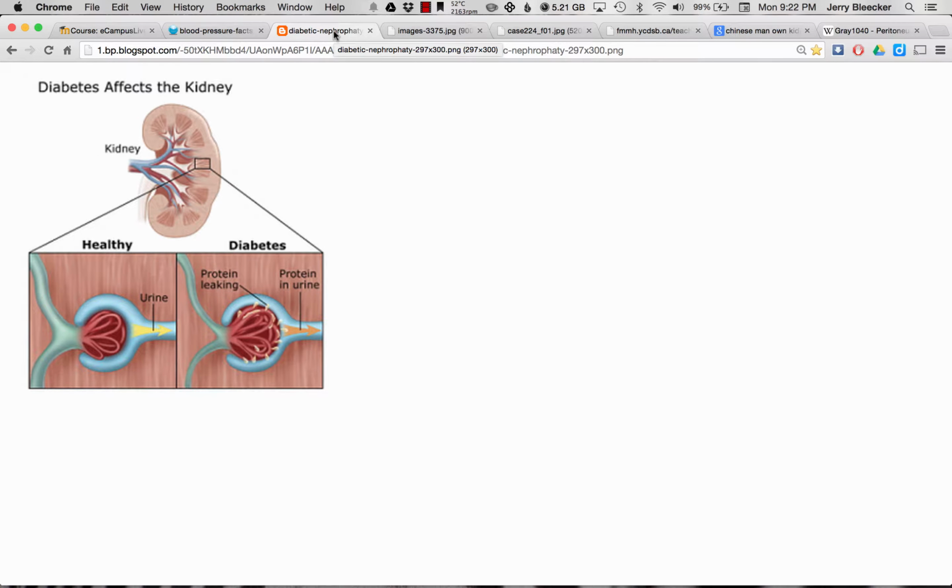Now, if we look at a healthy kidney and we zoom in on the glomerulus and Bowman's capsule, we're looking at that structure right here in ultrafiltration. Normally, what would happen is some glucose, some amino acids, lots of water, etc., would get pushed or ultrafiltered through the glomerular knot into Bowman's capsule, and then you enter the proximal convoluted tubule right here.